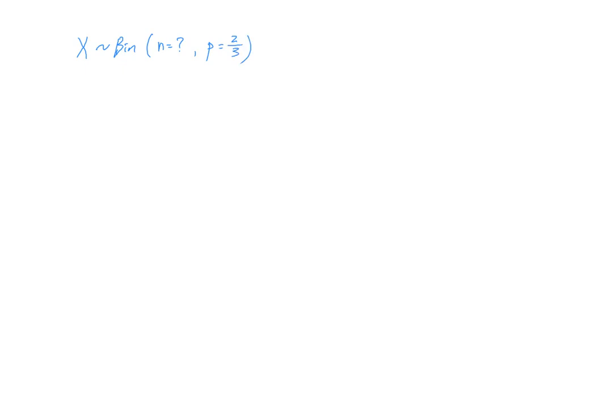Given the probability of X more than 7 is equal to 1 minus 0.912, find the value of n.